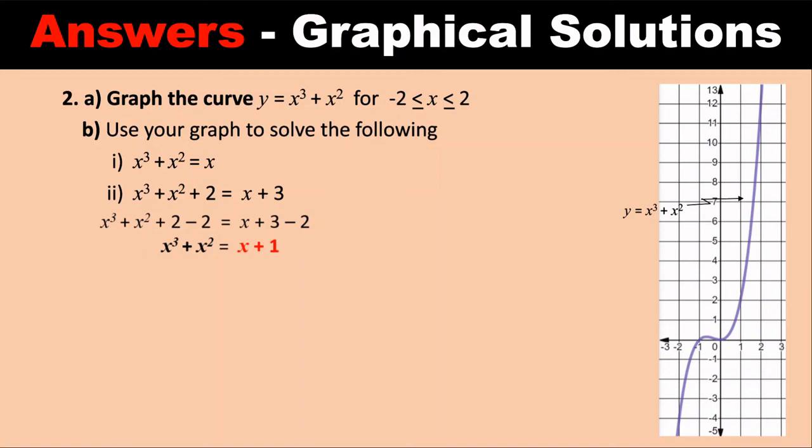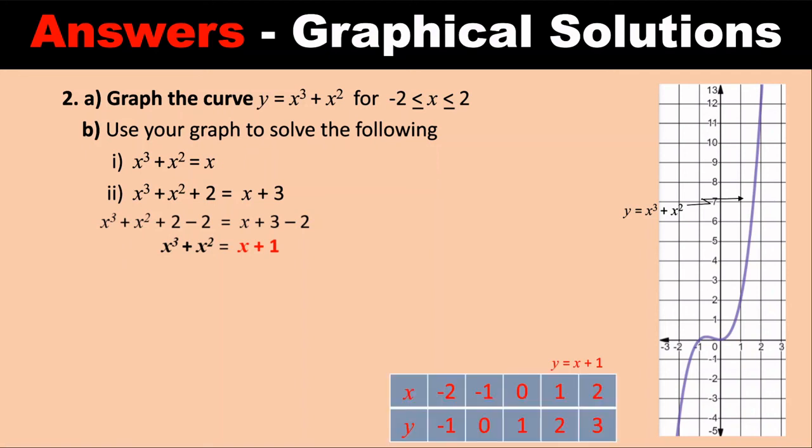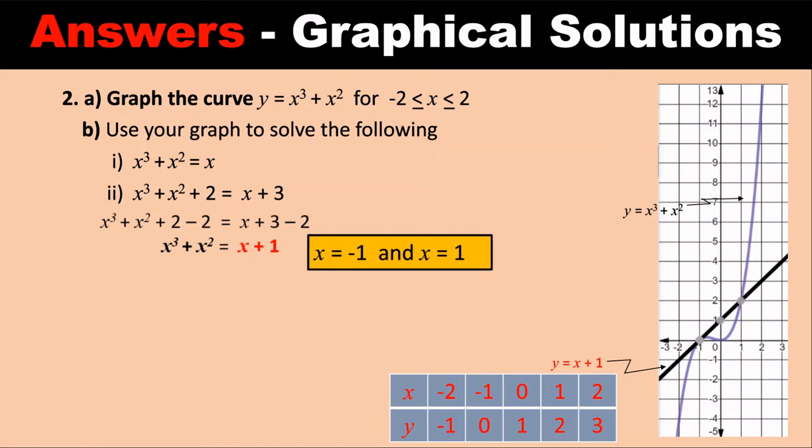We're going to need to graph the line y equals x plus 1. So setting up a table of values and plotting those points to graph that line, we see that we now have only 2 solutions. There are only 2 points where our curve crosses our line. And those 2 solutions are exact. They're where x is equal to -1 and x is equal to +1.